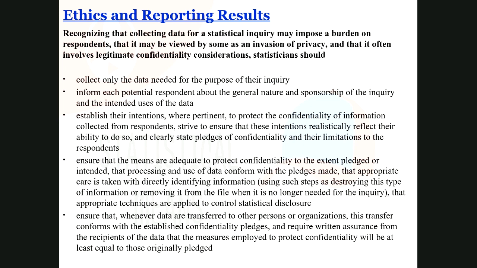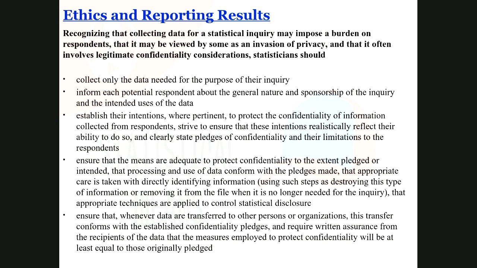And people doing this, whatever you want to call them, research scientists, data analysts, you collect only the data needed for the purpose of the inquiry. You inform each potential respondent about the general nature. You establish their intentions were pertinent to protect the confidentiality of information collected from respondents.